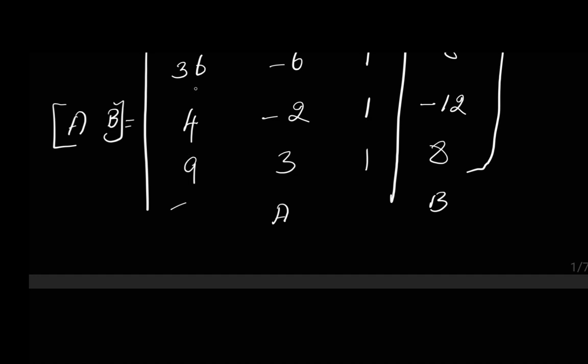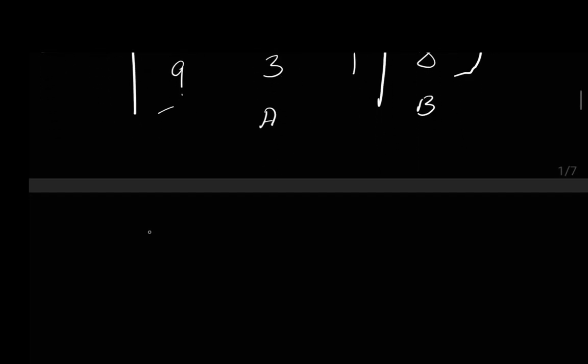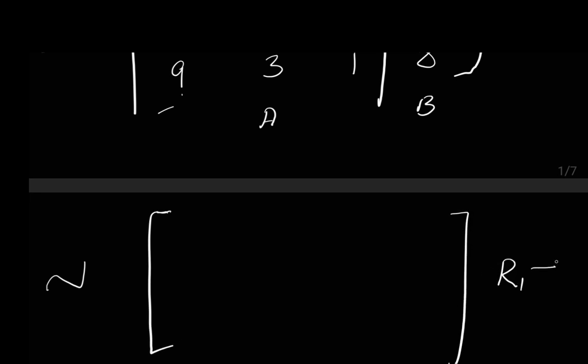So we can just keep the same constant there. But instead of that, let me bring this in the smallest number. Here in this column, the smallest number is 4. So let me bring this 4 from R2 to R1. So let me interchange R1 and R2.